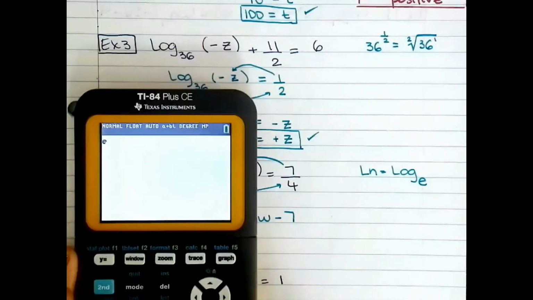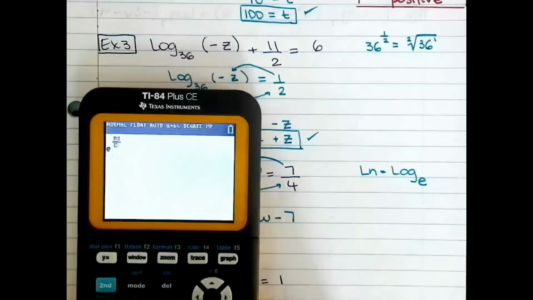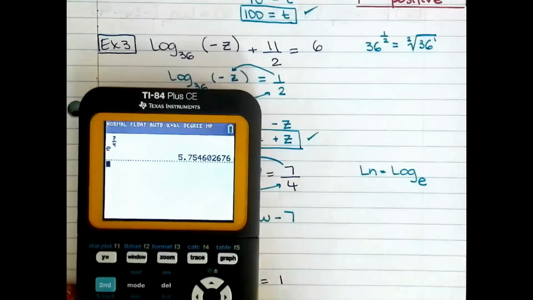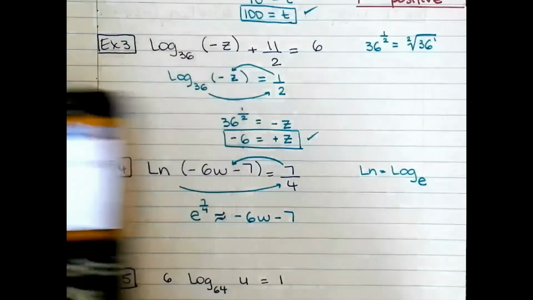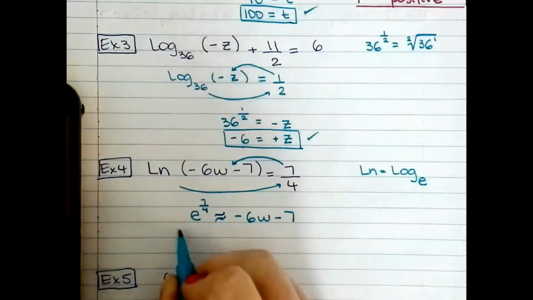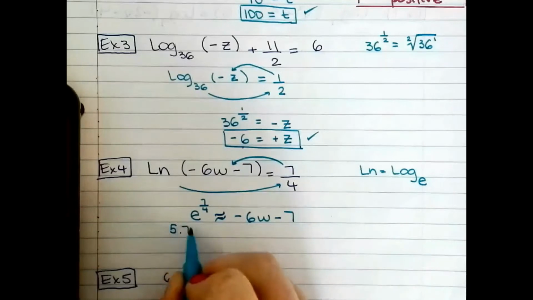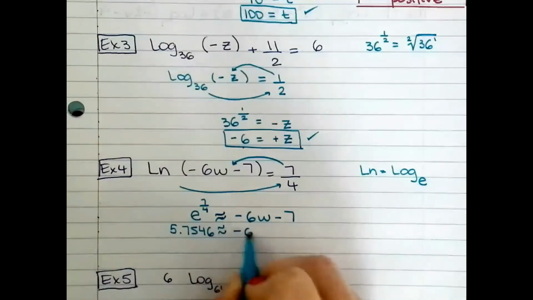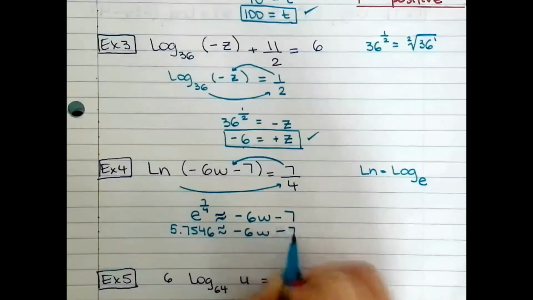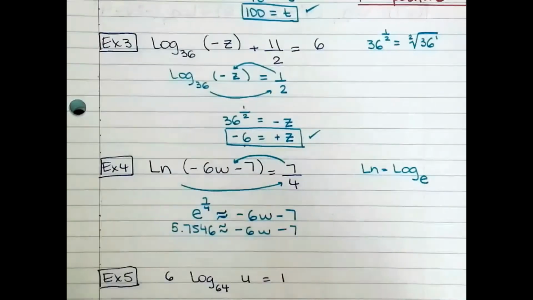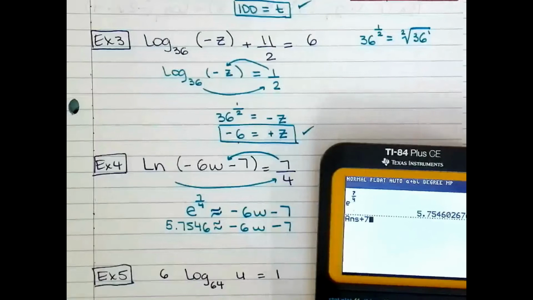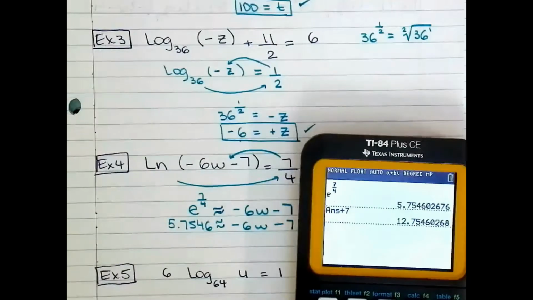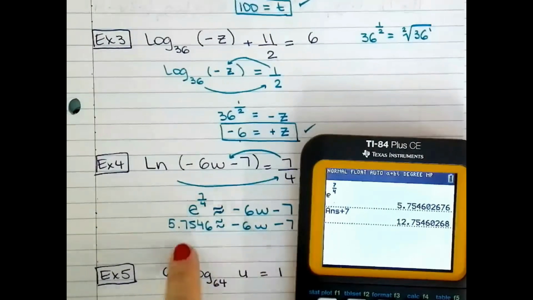e to the power of 7 over 4, you get that. So you add 7 to that, and then you divide by negative 6.